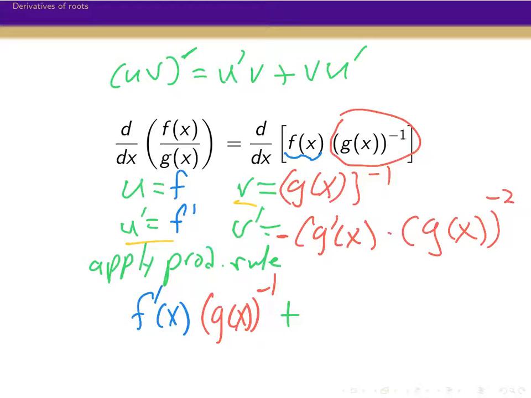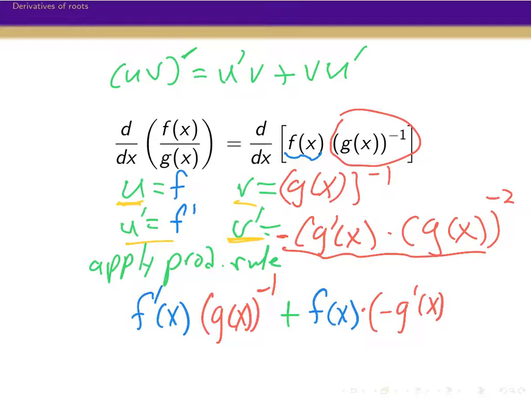And then u times v prime: well, u is f of x, and then we have to multiply by that whole guy, so it's times minus g prime of x times g of x raised to the minus 2.